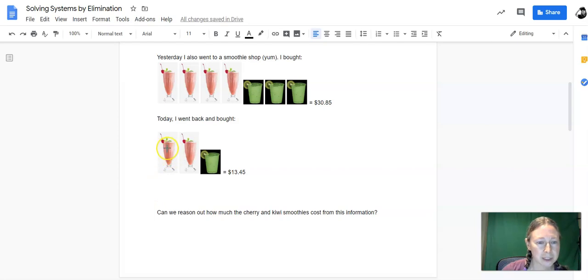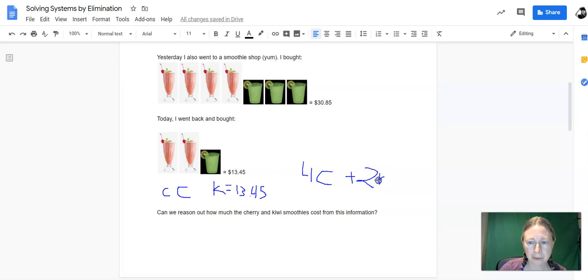So let's say instead of 2 cherry smoothies and 1 kiwi smoothie, I do that purchase again, and that costs me another $13.45. Therefore, 4 cherries and 2 kiwis would cost, what's $13.45 times 2? That's $26.90.